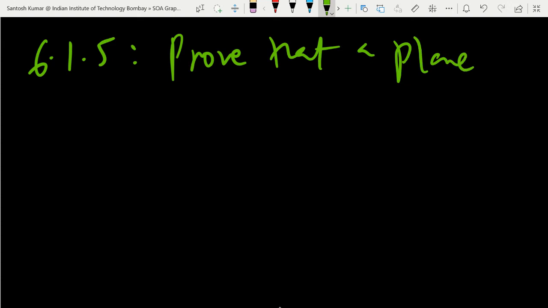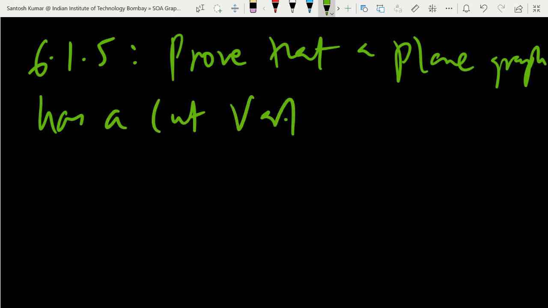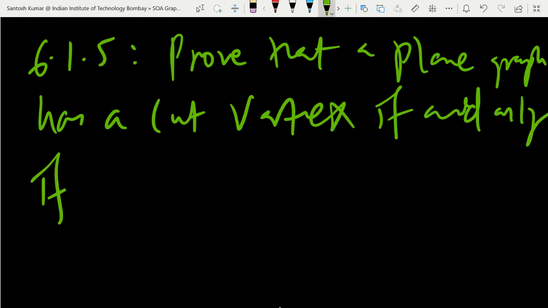Okay. Next question we have is 6.1.5, and this is saying: prove that a plane graph has a cut vertex if and only if its dual has a cut vertex.